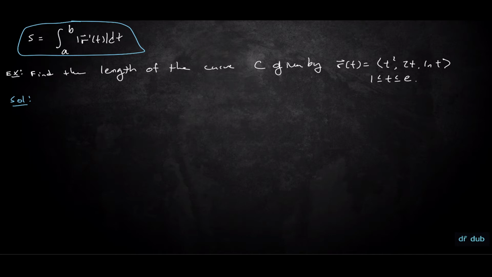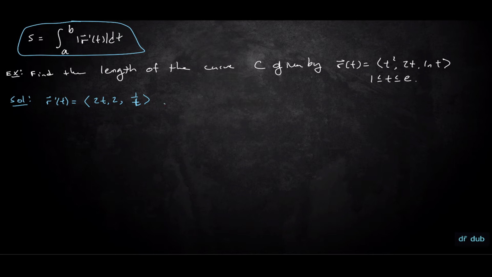So to use this formula, we need r prime of t. So we take r prime of t, and that gives us the vector function 2t, 2, 1 over t, differentiating each component of the vector function.